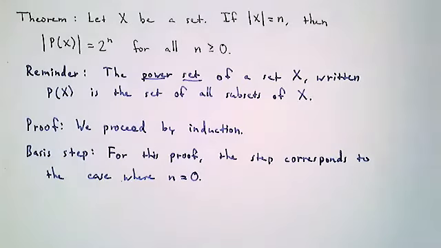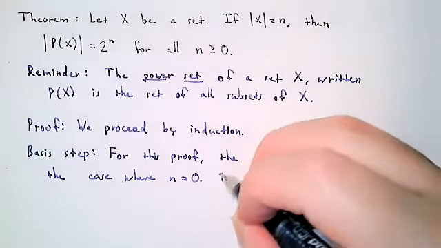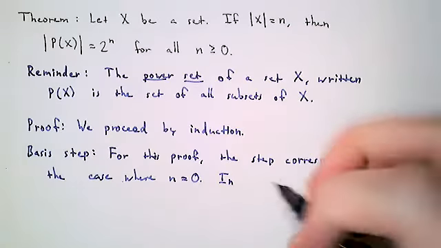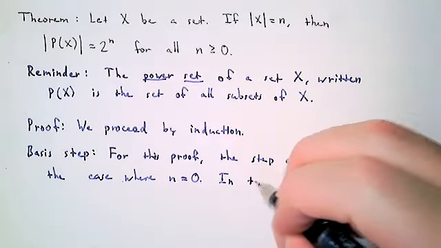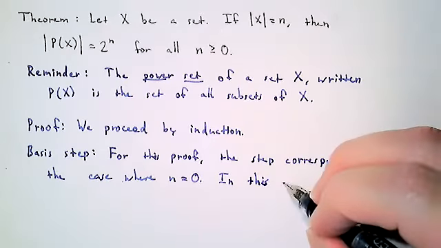So let's figure out what that means. If we're assuming that n is equal to 0, that means that we're assuming the cardinality of x is 0.